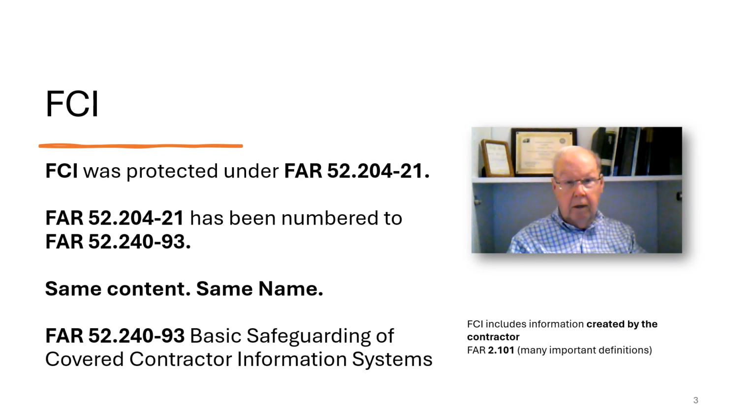Same content, same name, only the number has changed to protect the innocent, if you know where that came from. So the -21 document, so familiar to us, I've kept using in this presentation for the most part.